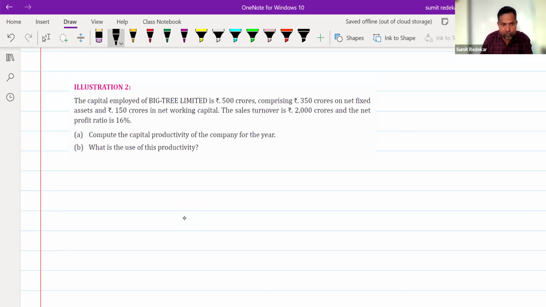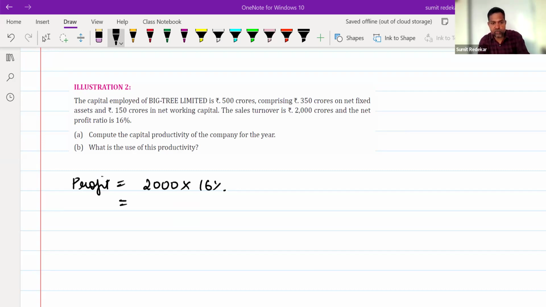So can I say profit is 2000 ka 16%? And what is 2000 ka 16%? Let's get the calculator out. 320. Thank you, Diya.